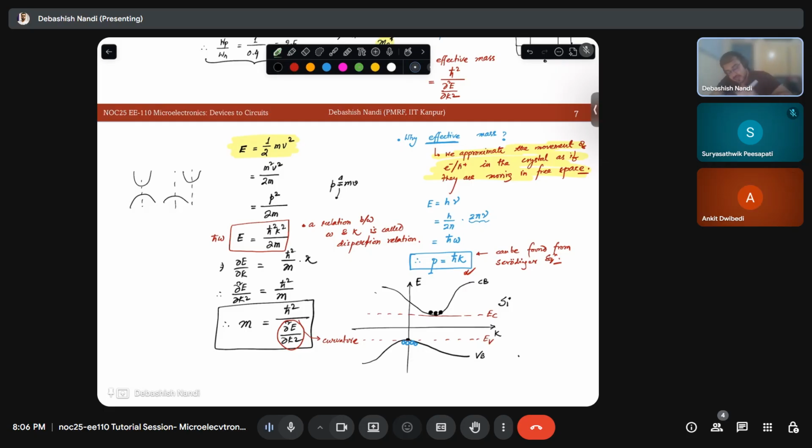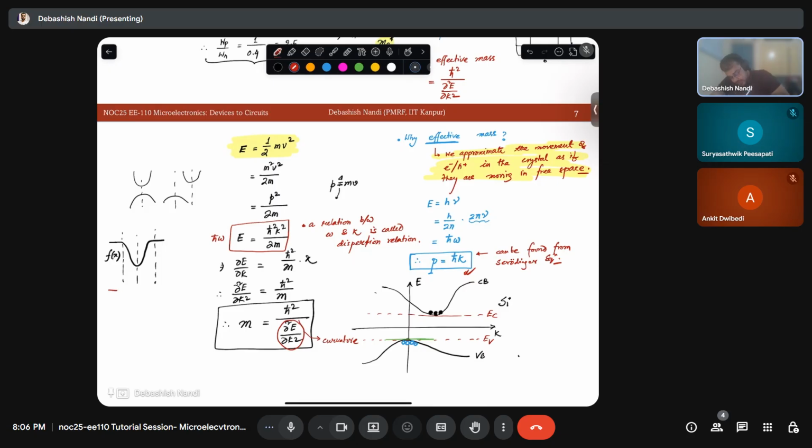So the curvature is basically the double derivative at this point. You see the slope is 0, right? But the curvature will not be 0. Do you see why? For example, you have a curve like this. Let's say this is your f of x. So what will be the derivative?